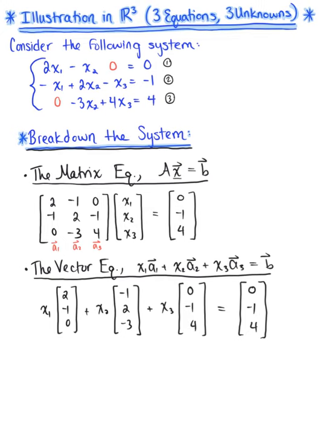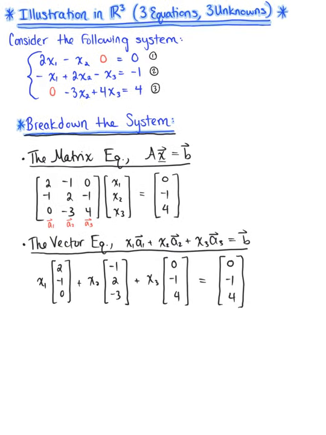And last but not least, we can also rewrite this system in the equivalent augmented matrix. And again, the augmented matrix is the form that we will solve our systems in. So in our augmented matrix here, we have three column vectors, a sub 1, a sub 2, a sub 3. There's your coefficient matrix.